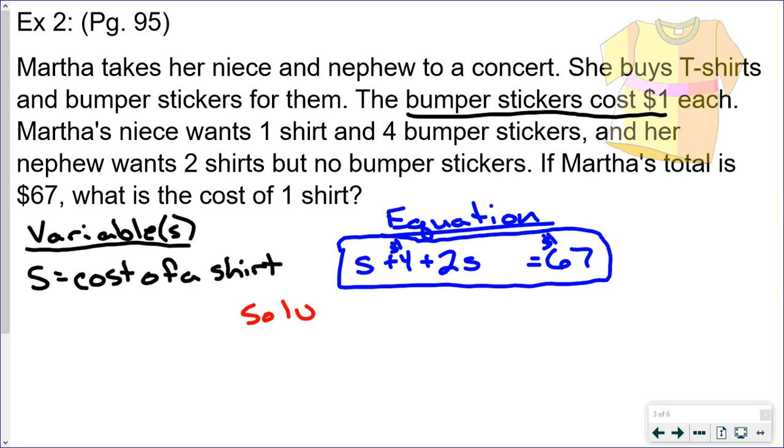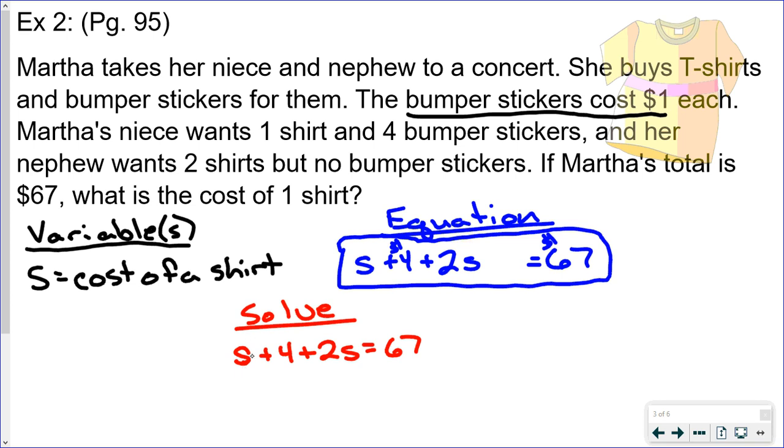And then to solve, we come down here and solve this. Now we're going to go back to those steps. So S, plus 4 plus 2S equals 67. Step 1 was to distribute if necessary. There's no distributive property here. So I go to step 2, which is to combine like terms.